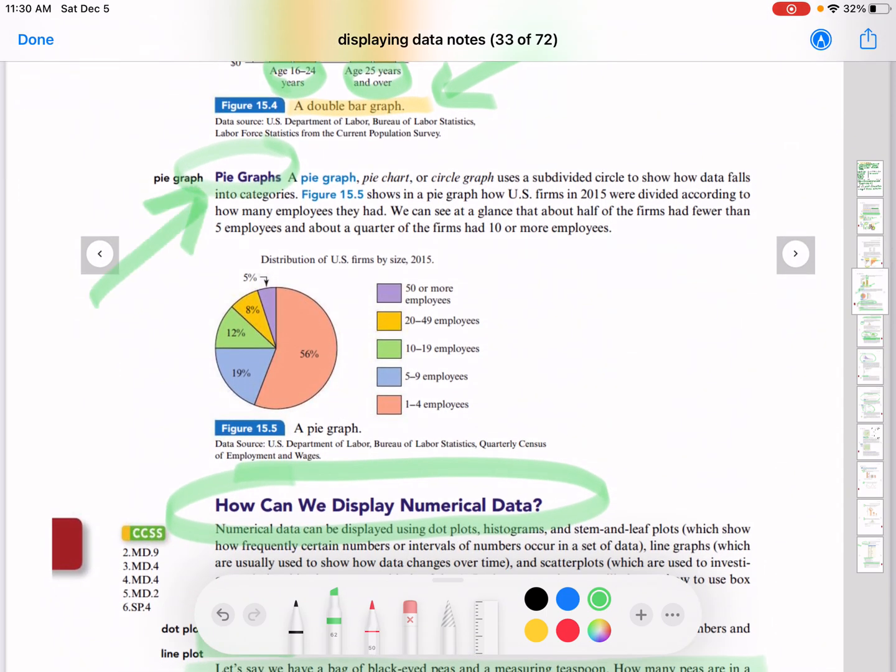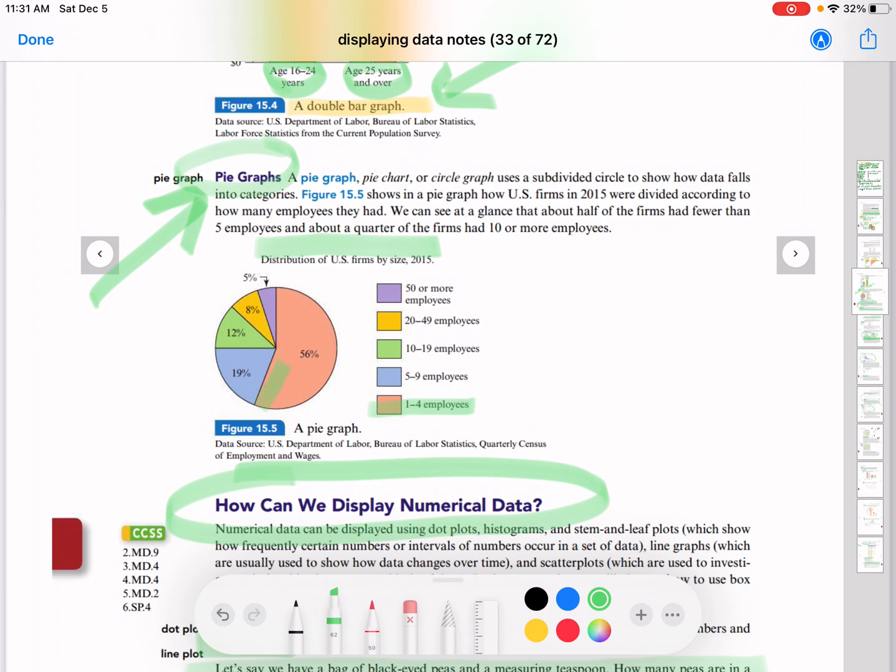Another common way of displaying categorical data is with a pie graph, where you basically shade in the amount of the pie that corresponds to the percent of what you have. So this shows the distribution of U.S. firm sizes from 2015. So if a firm has 1 to 4 employees, it would be shaded that color.